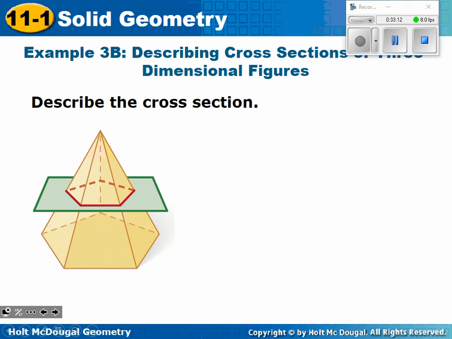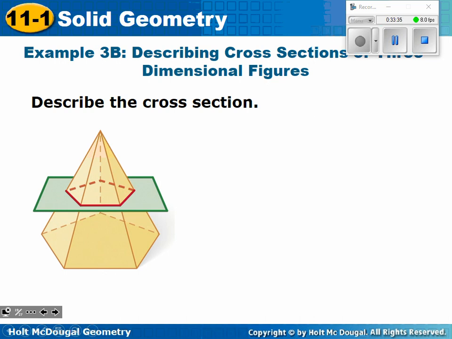So you don't want to describe your cross section on how you're cutting it with horizontal or vertical. You want to describe it in reference to your base. So if I were describing how I was cutting it, I would say cut it parallel to the base. If I wanted to cut it vertically, I would say cut it perpendicular to the base. And that way I'm describing it in reference to my base.